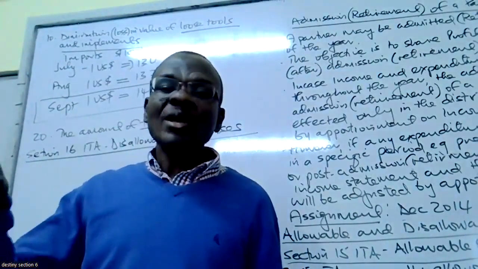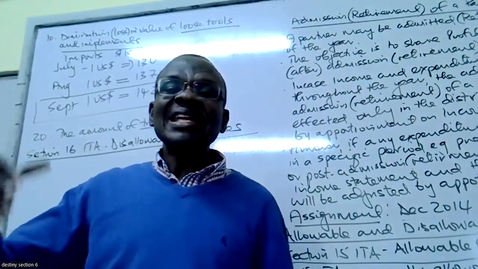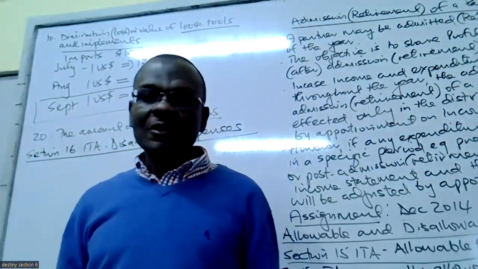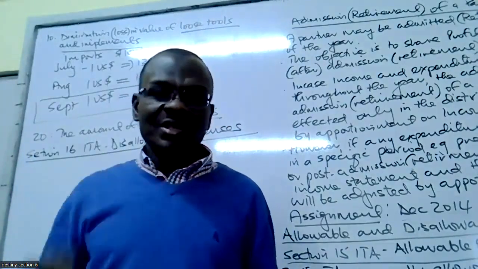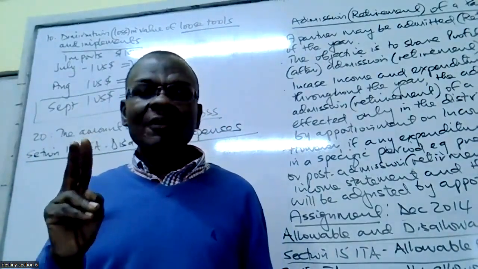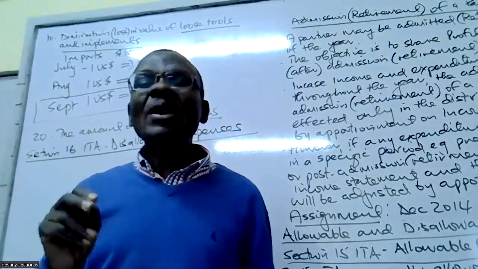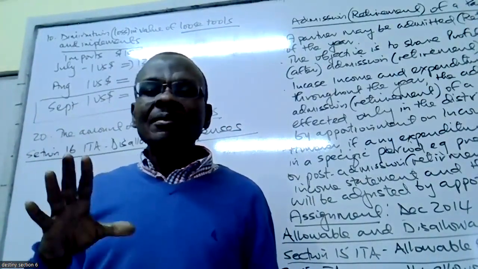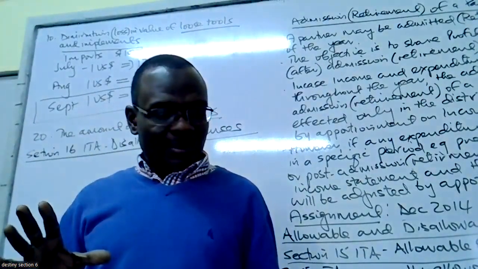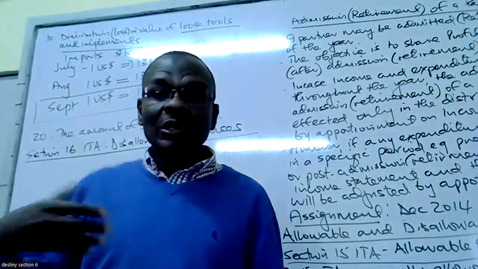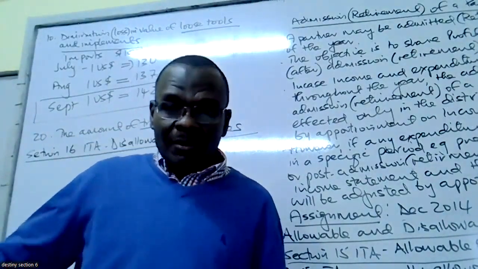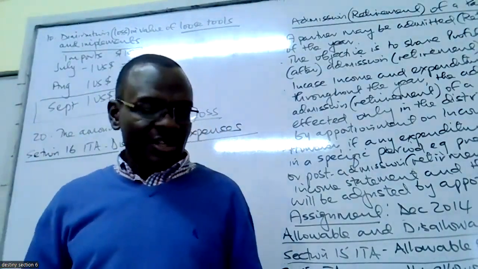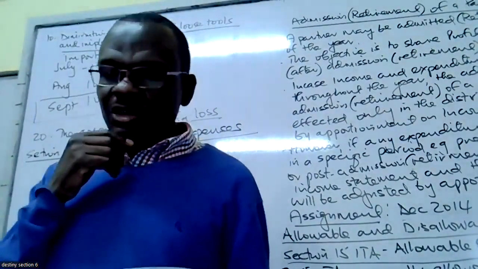You've already been indemnified for those losses. You cannot charge them in the income statement because you'll be claiming twice. So any expenditure or losses recoverable under an insurance contract or indemnity is not allowed.